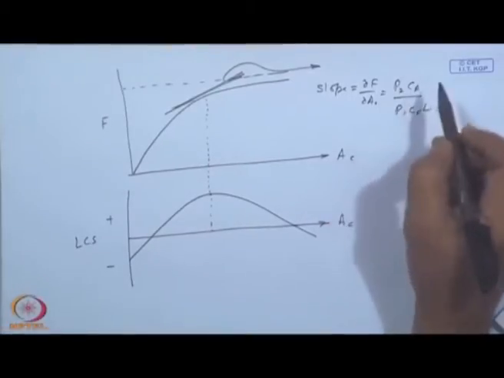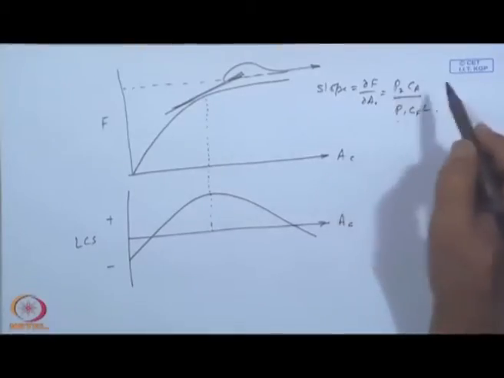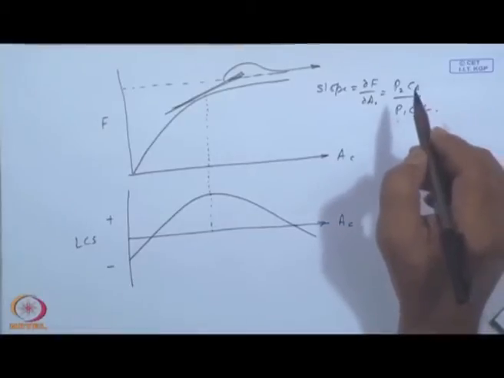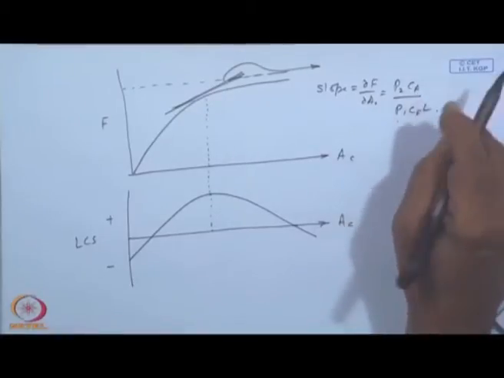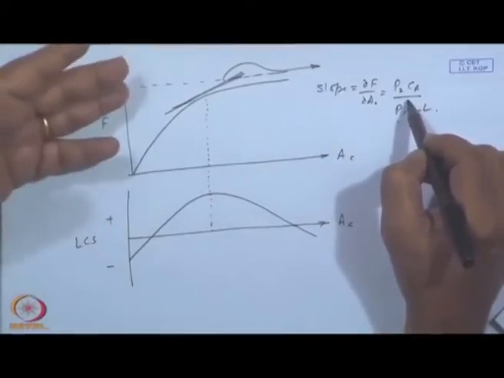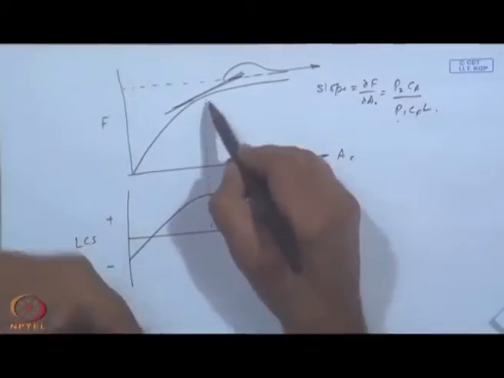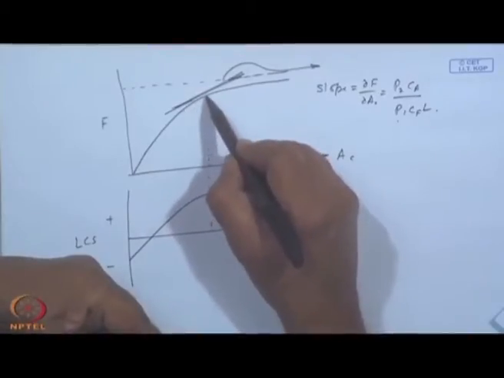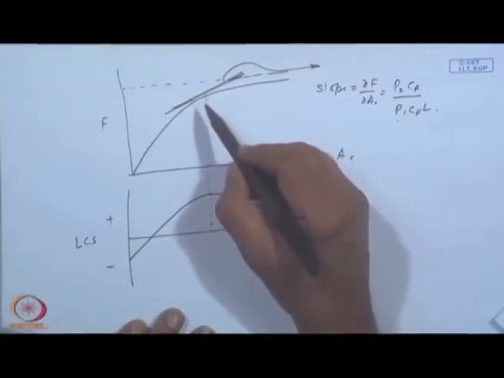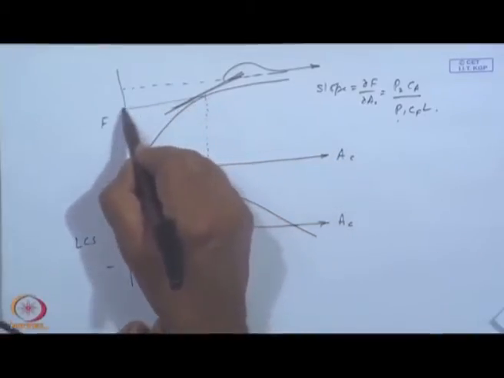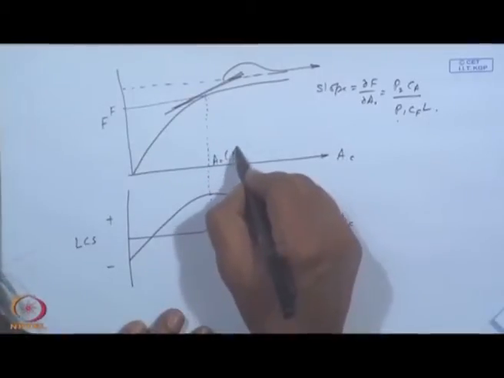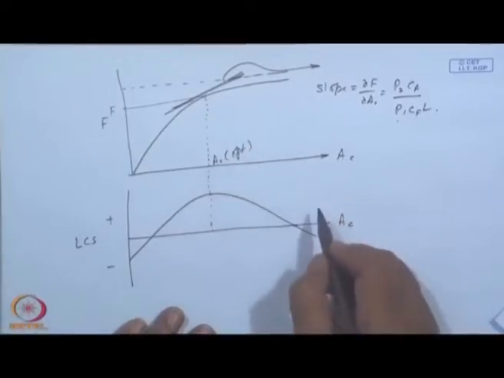So, you know this number, having calculated P1 and P2; CA is known, CF is known, L is known. Okay. So, you will find out this number and draw a line with the slope being equal to this number, and wherever it cuts, of course, I have drawn it a little away just to be clear, that is where my optimum F and AC lie.